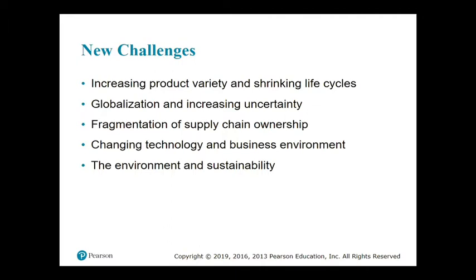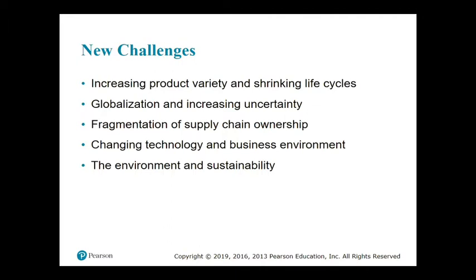And of course, technology and business environments are changing faster and faster, which forces companies to rethink their supply chain strategy and even competitive strategy at a faster pace.